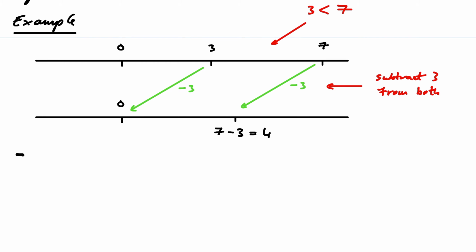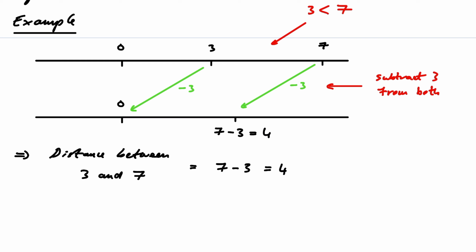This tells us that the distance between, well, 3 and 7 is equal to 7 minus 3, which is equal to 4. Very nice. Now, in this picture, we had everything positive, first of all.